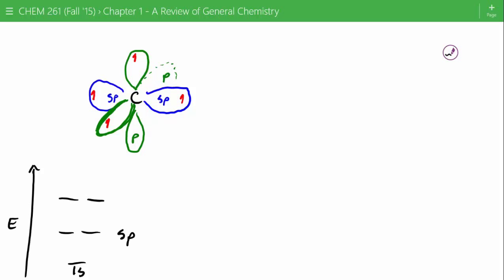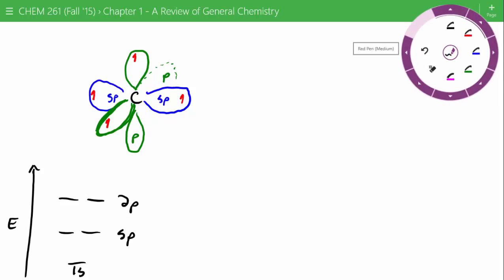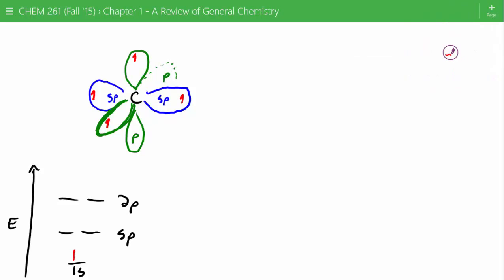And then we've got our remaining two p orbitals. So if we fill this up, we start from the bottom: 1, 2, 3, 4, 5, 6. So we've got one electron occupying each of these orbitals. I'm not showing the inner 1s orbital right now. We're just focusing on the valence orbitals.